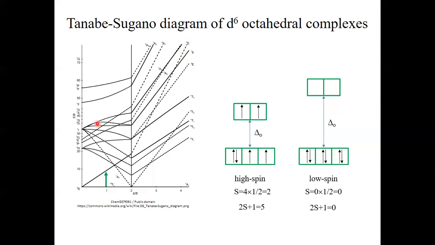And if we go to a low spin complex, then we can excite from this singlet term to this other singlet term. Okay, so that is also possible. And we have this singlet term here.